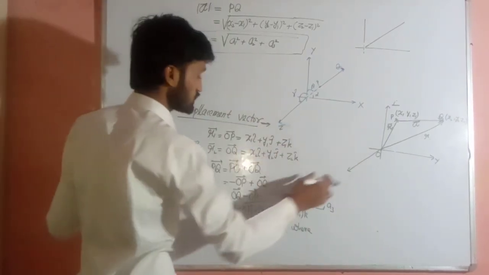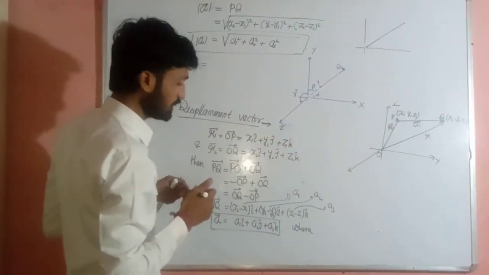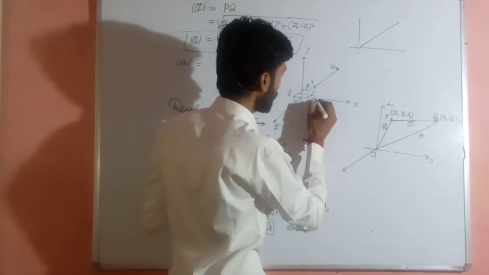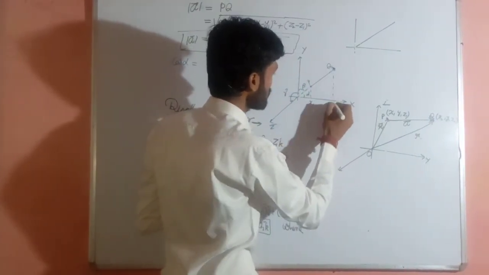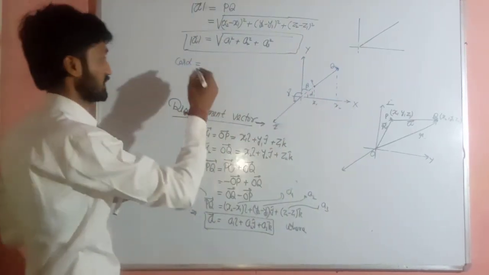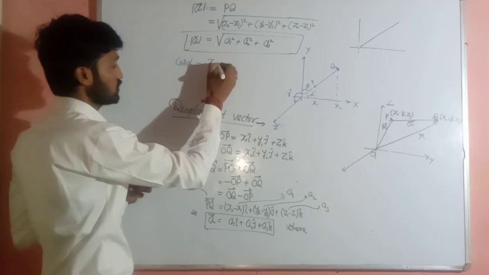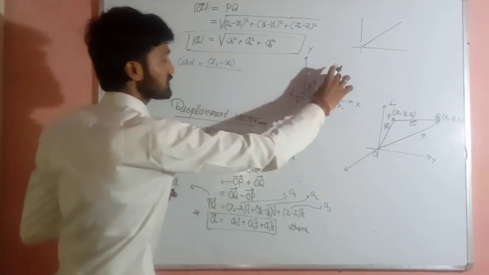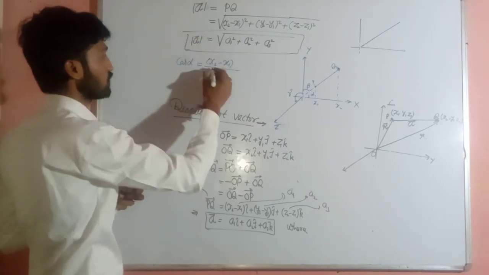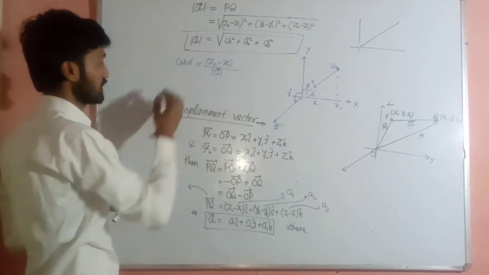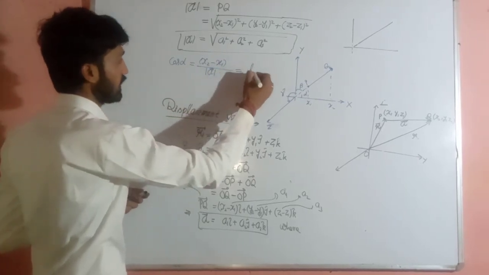Base is, see here, this value is, suppose, x1, and this value is x2. Base will be equal to x2 minus x1, divided by its hypotenuse, mod of vector A, which is denoted by L.